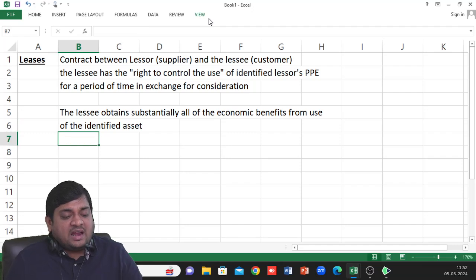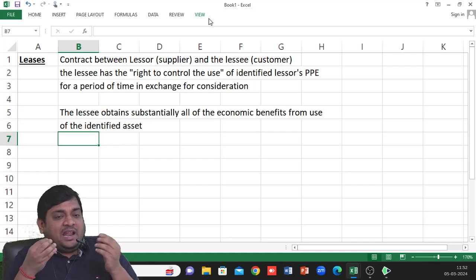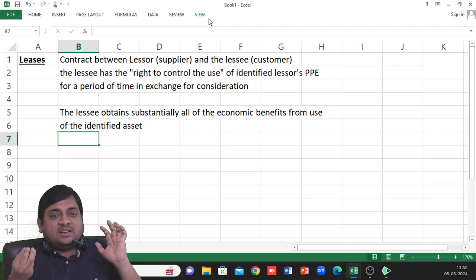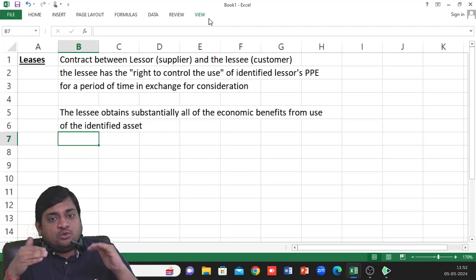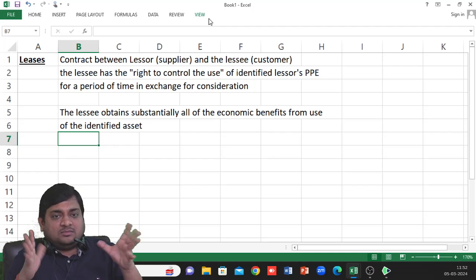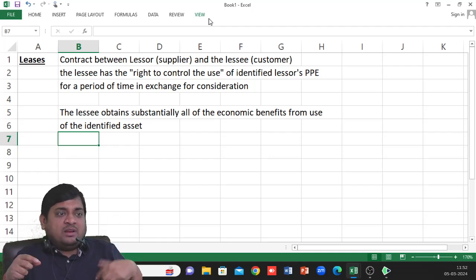Now it is okay that I am giving you a part of my benefit, like a certain percentage of my earnings I will give it to you. That is okay. Or a certain percentage of sales I will give it to you. But you use 50% of the asset and I will use 50% of the asset, not possible. The consideration can be in any way.